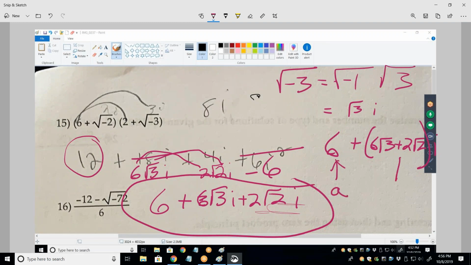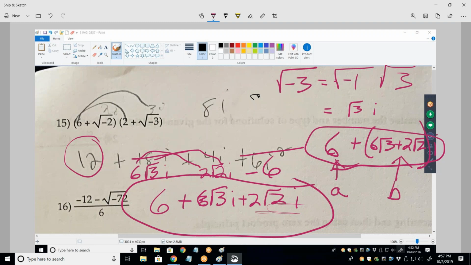That number is b. 6 root 3 plus 2 root 2. So the answer would be right here to this problem. And you're right, you can't combine those. You can't combine a root 3 plus a root 2 without converting it to decimal, which you lose the accuracy of it. So that's the answer they're going to be looking for.